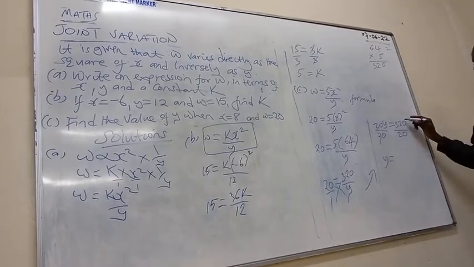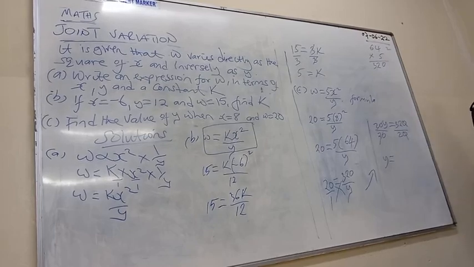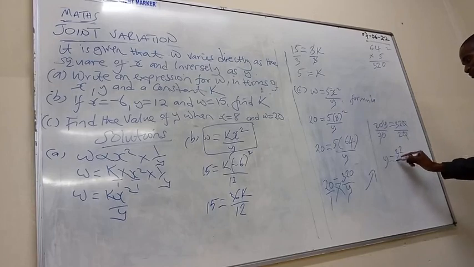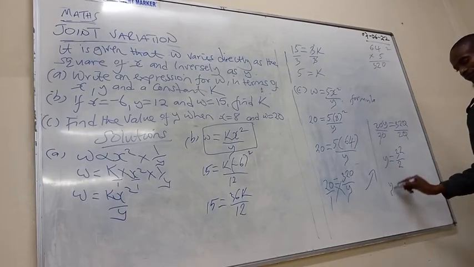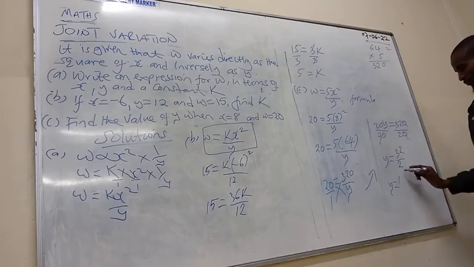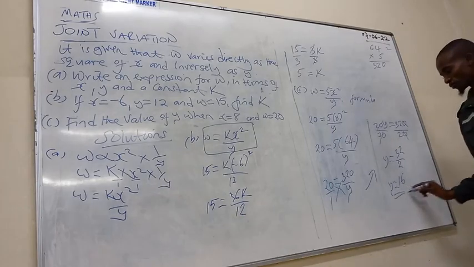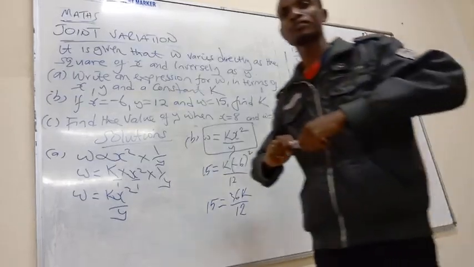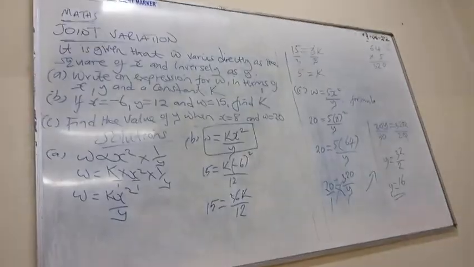You can see a 0 at the end and a 0 at the end, you cancel it. You realize that the 2 has remained and the 2 down there. It is simple now. What's 2 into 32? 16. That's the value of y. If you have any question, can you ask?